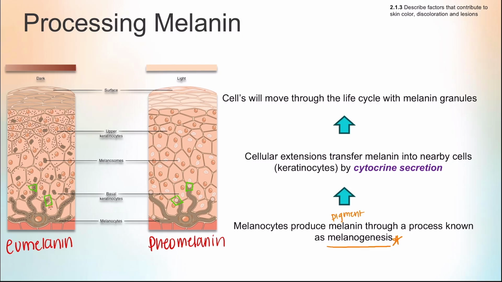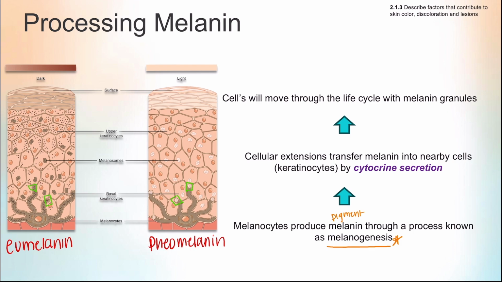And what they're going to do is they're going to break through the plasma membrane that is going to exist on that keratinocyte. So this is sometimes known as the engulfing portion, or a time when we have the dendritic tip of the melanocyte being consumed by the keratinocyte.